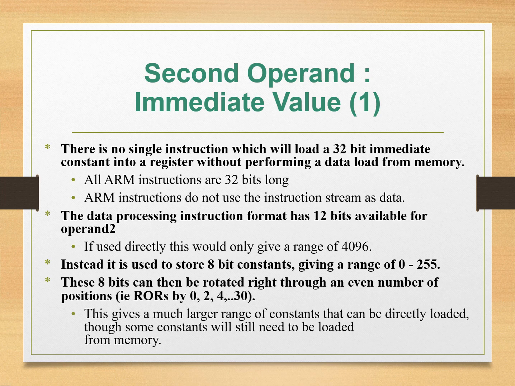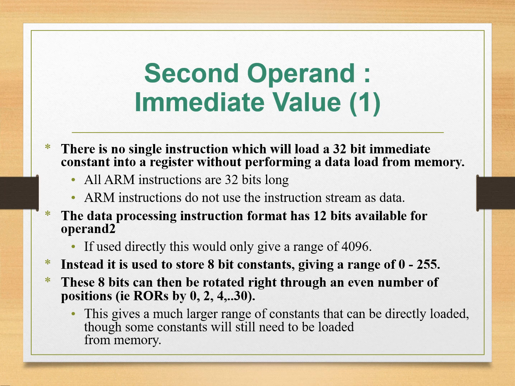This 8-bit value can then be rotated right through an even number of positions. You can rotate this 8-bit value to the right by an even number, either 0, 2, 4, 6 until 30. If you perform this kind of operation, it gives a much larger range of constants that can be directly loaded.